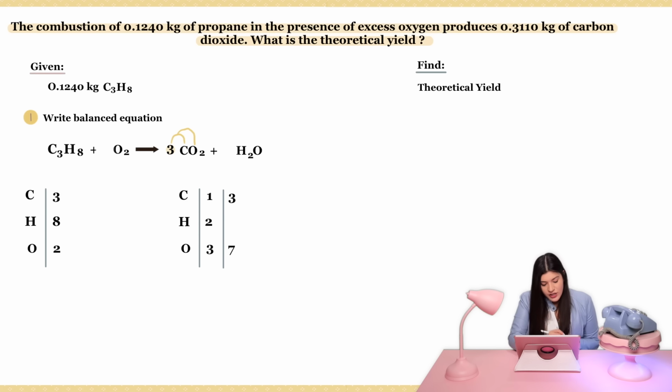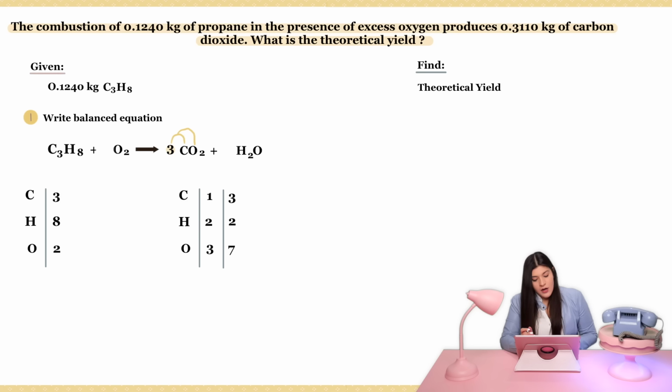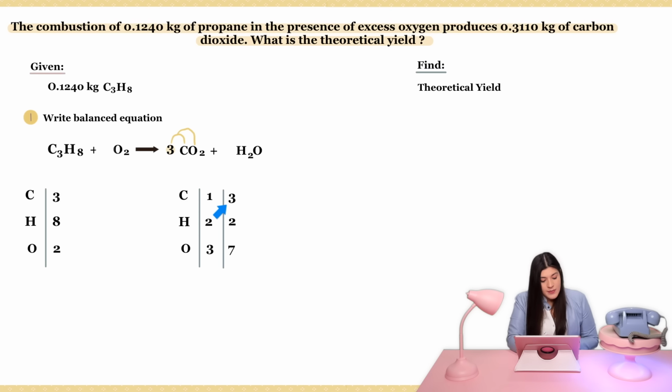Now hydrogen, nothing changed because we didn't put anything in front of hydrogen, so that's going to remain the same as 2. So now that our carbons are balanced, I'm going to move on to hydrogen. There's 8 hydrogen here and there's 2 on the product side. So I have to multiply a number here to 2 to give me 8, and that's 4. So I know 4 will be placed there.